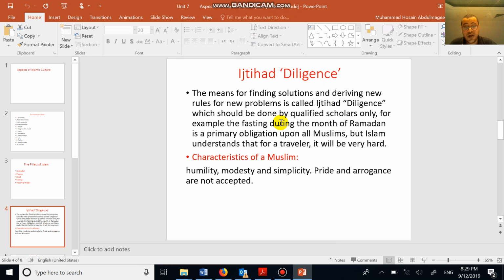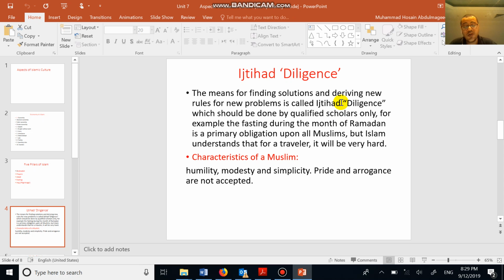Now what is ijtihad? Ijtihad means finding solutions and deriving new rules for new problems. This is what they call ijtihad. Okay. Now it can be done by qualified scholars only, so not anyone can do ijtihad or make new rules.